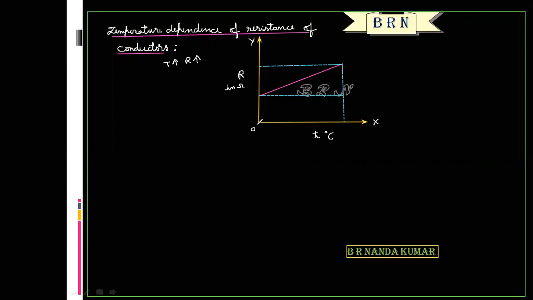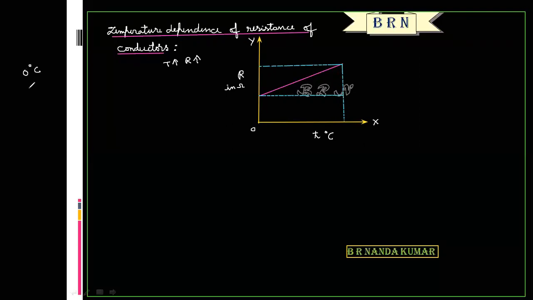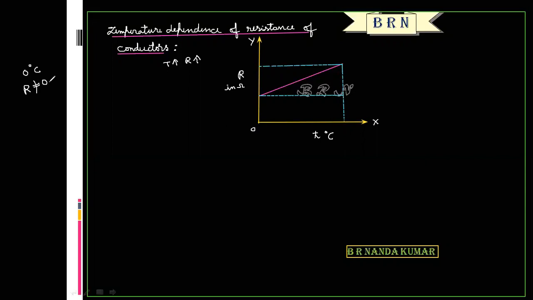But at 0 degree Celsius, resistance of conductor is not equal to 0. As the temperature increases, the resistance of conductor also increases linearly. This is the value of resistance at 0 degree Celsius.